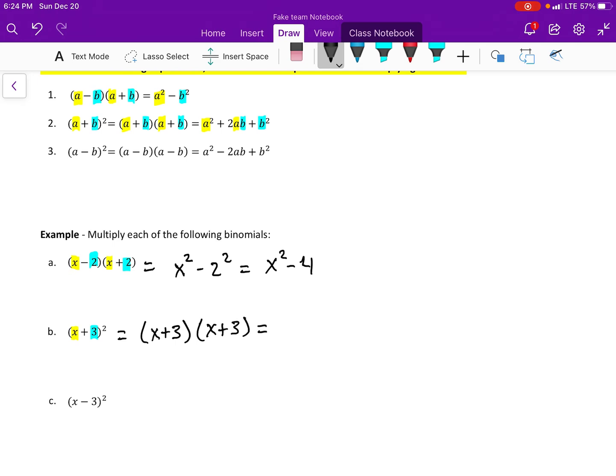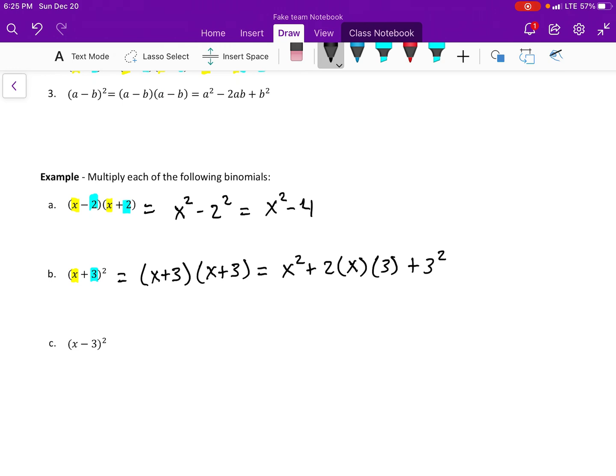And then using the rule that we're given, this is equal to, now our x is acting as a, so this is x squared plus 2 times a times b, so this is times x, and then times our b, which is 3, plus b squared, so our b is 3 in this case, so this is 3 squared.